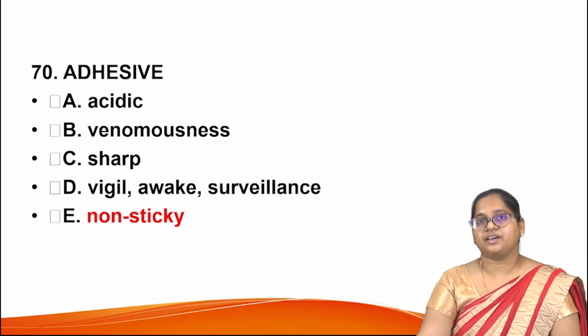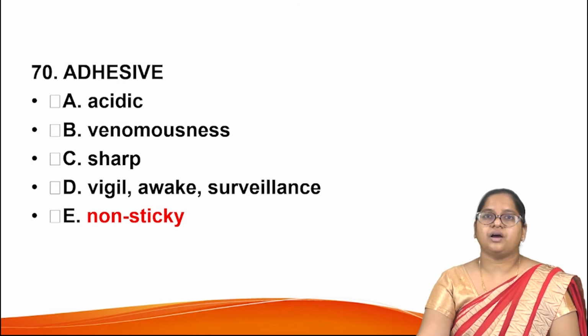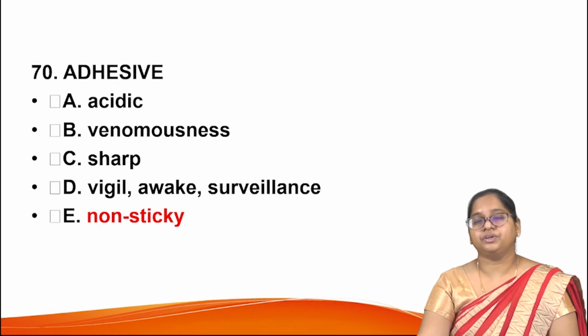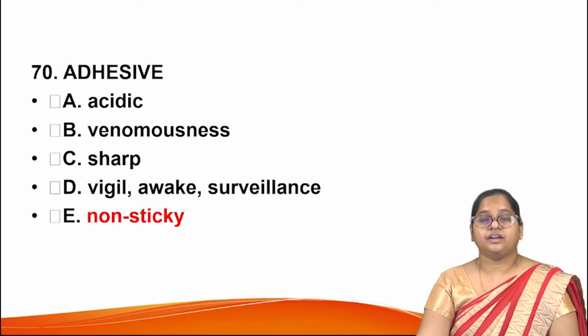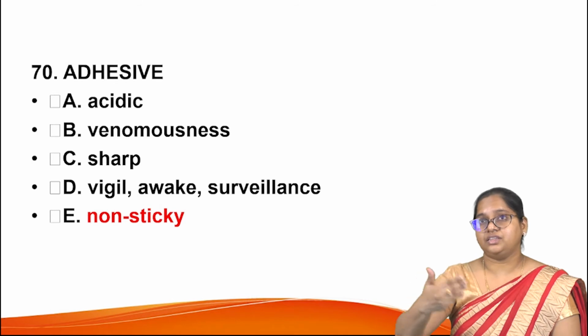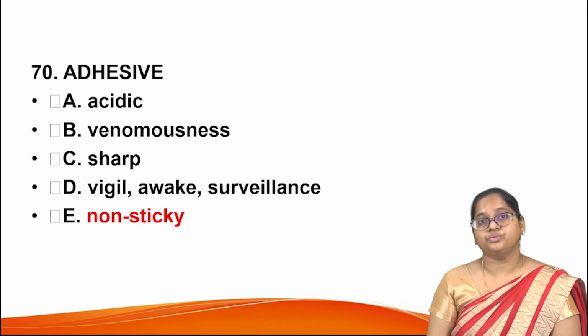Venomousness is to do with poison and harmful things. Sharp means being shrewd and quick. Vigilant means awake, in surveillance. Adhesive is sticky, so the opposite word will be non-sticky.